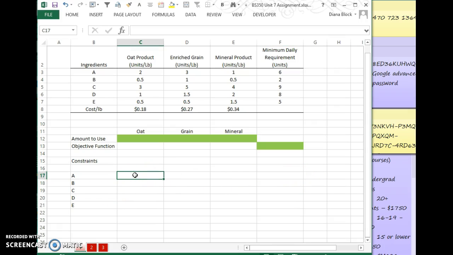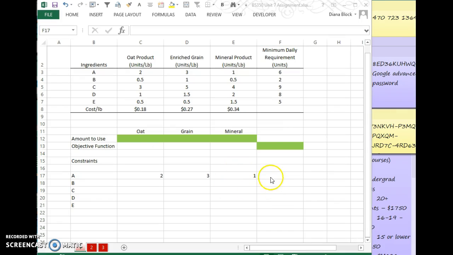You're going to just put down in, this is the oats column, mineral A, there's 2 units of A in oats, and 3 units of mineral A in the grain, and 1 unit of mineral A in the mineral product. And so you're going to then sum these.